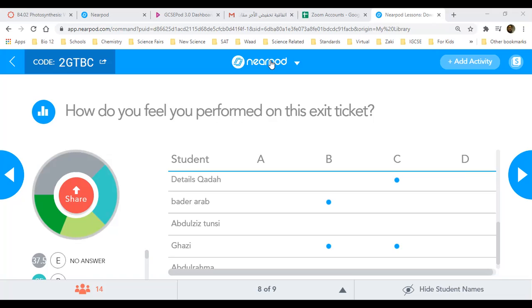Remember, nothing has to be based on grading right now. Abdulaziz, we are waiting for your answer. Abdurrahman, Yusuf Idris. One last minute. And I'll show you the photosynthesis.